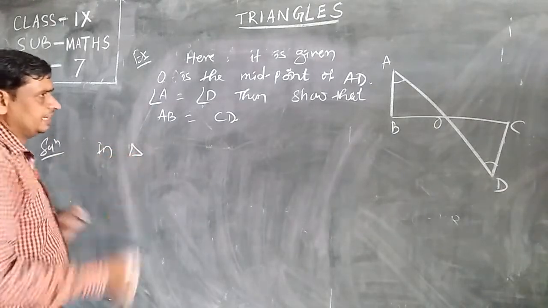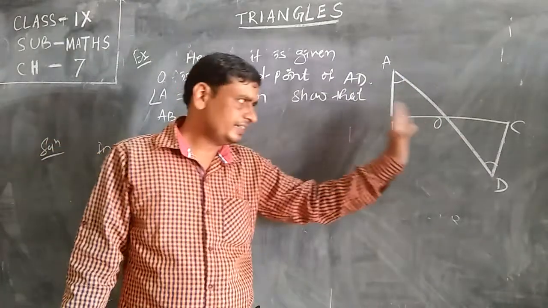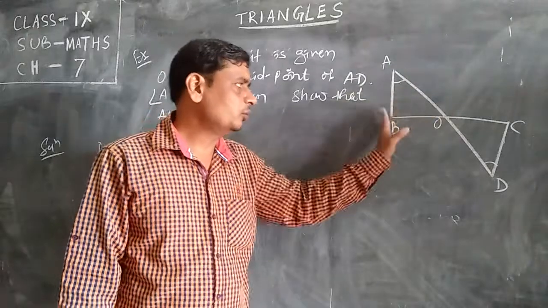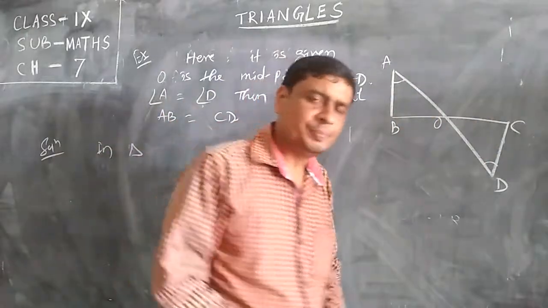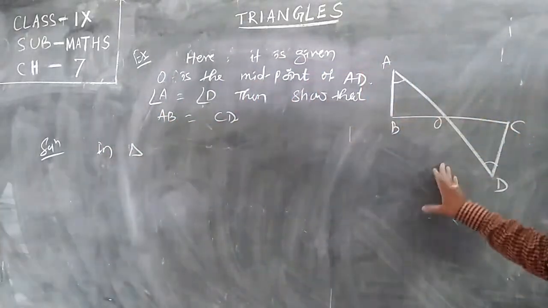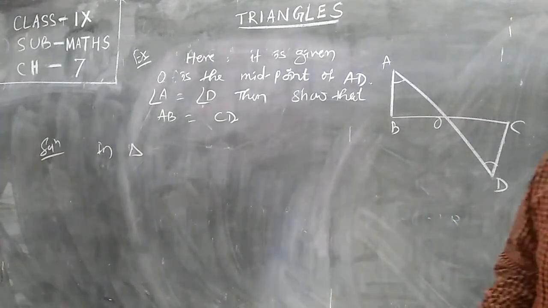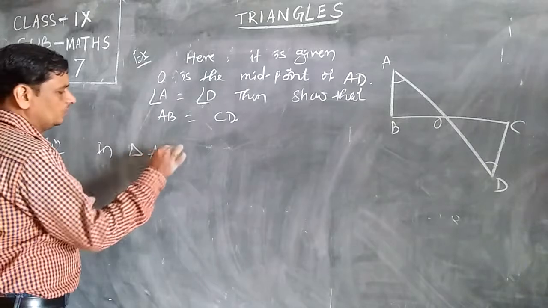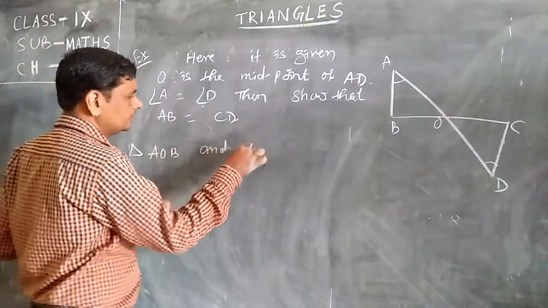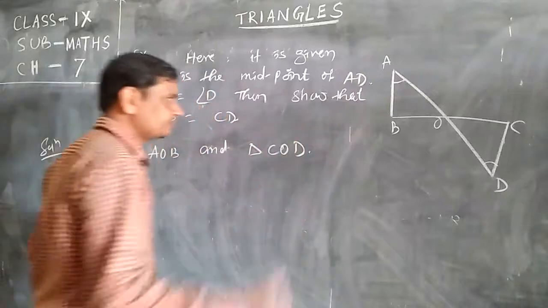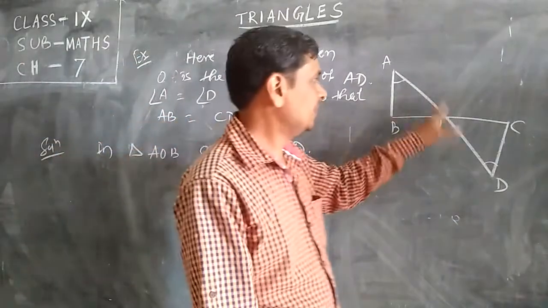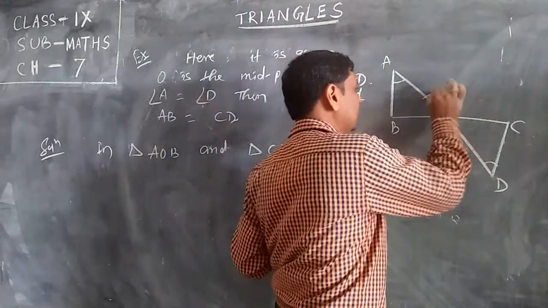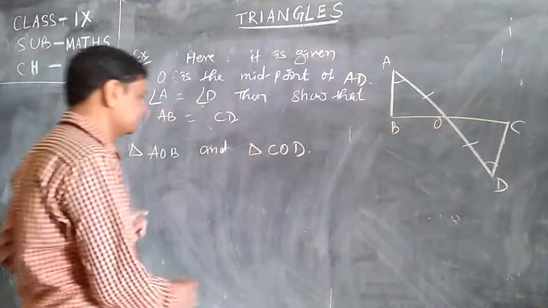In triangle AOB and triangle COD, two triangles are present here, AOB and COD. We have to make both the triangles congruent by using the criteria of congruence. In triangle AOB and triangle COD, since O is the midpoint of AD, AO is equal to DO.